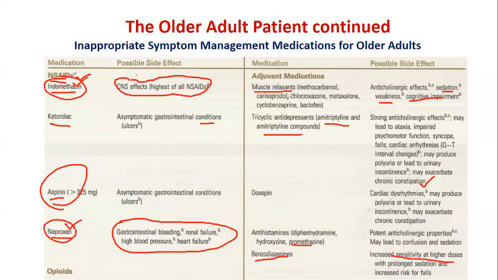So muscle relaxants, tricyclic antidepressants, and antihistamines, all of these groups have a common property, anticholinergic effect, like sedation, weakness, and cognitive impairment.